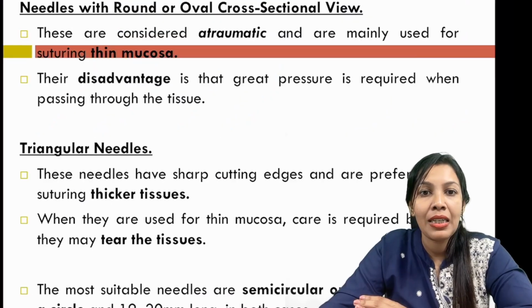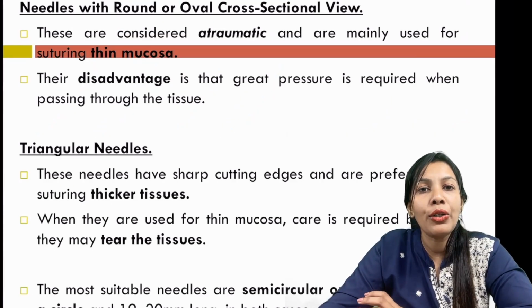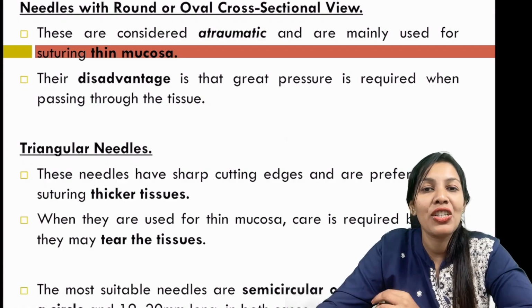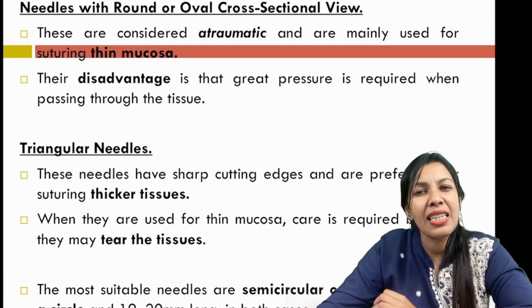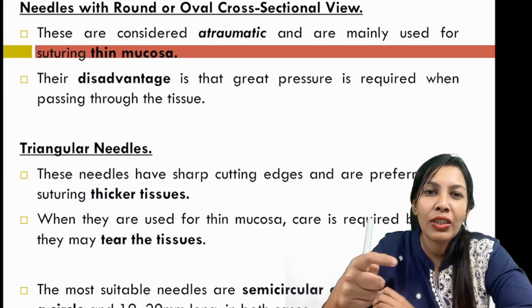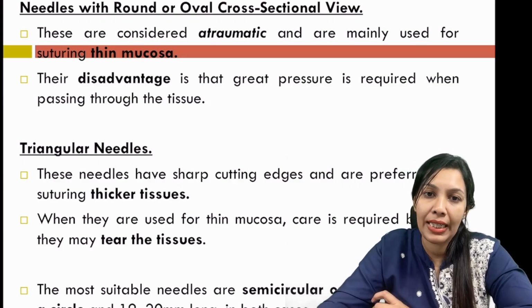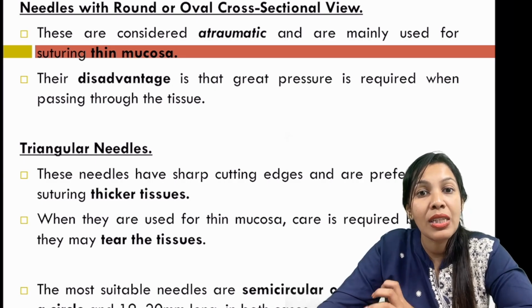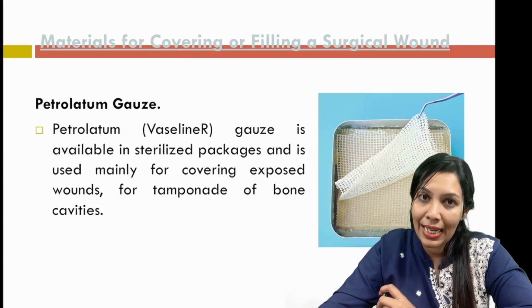Normally we use needles with round or oval cross section. It is mostly atraumatic in nature, especially in thin mucosa. The disadvantage is that we need a lot of pressure to apply these rounded needles. Triangular needles are used in thicker tissues, and the rate of tear is also less.